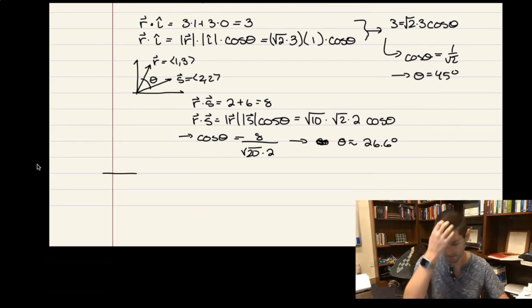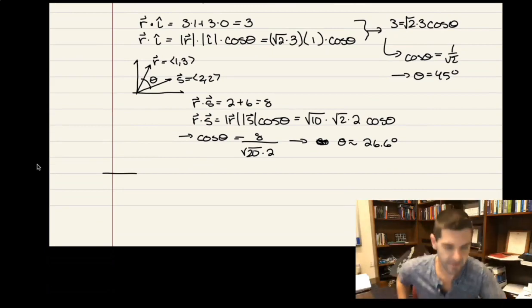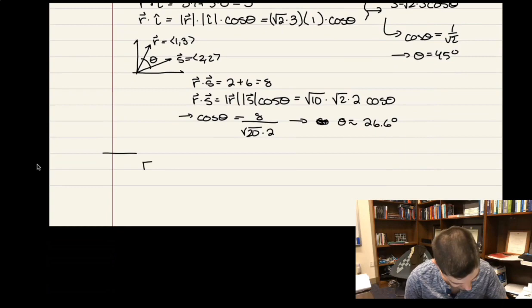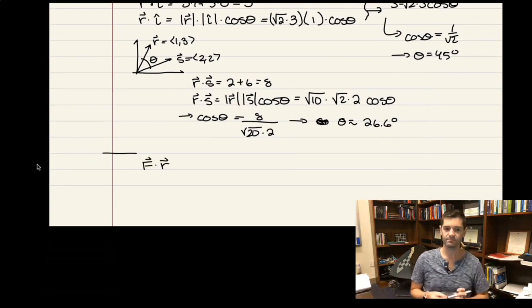So, dot product, very useful. Geometrically, think that if I have two vectors, let me call them f and r, perhaps.